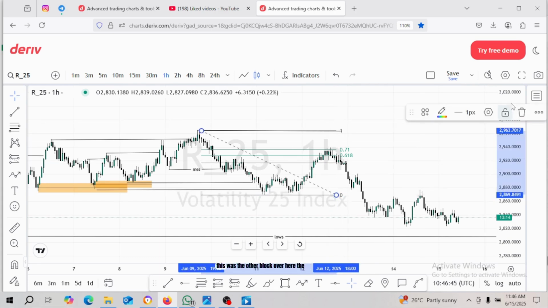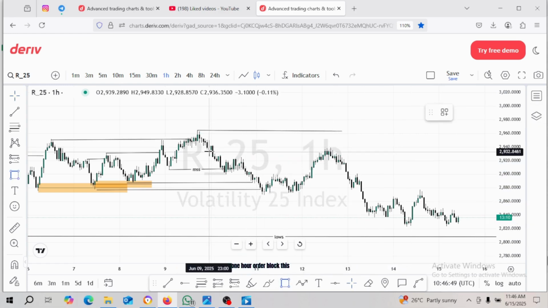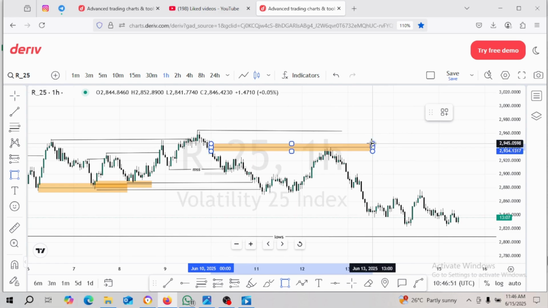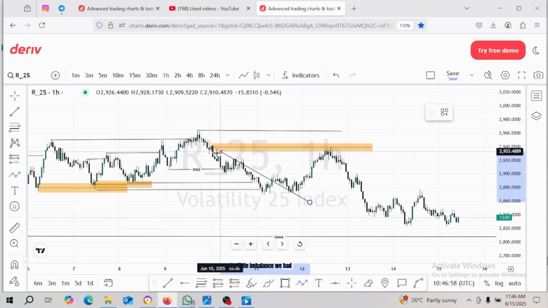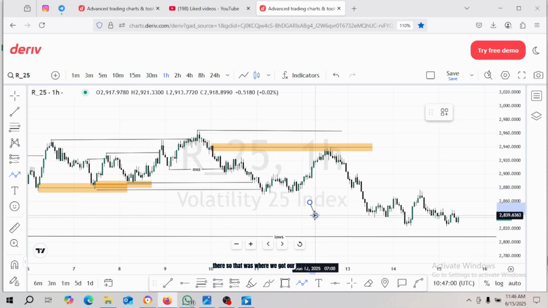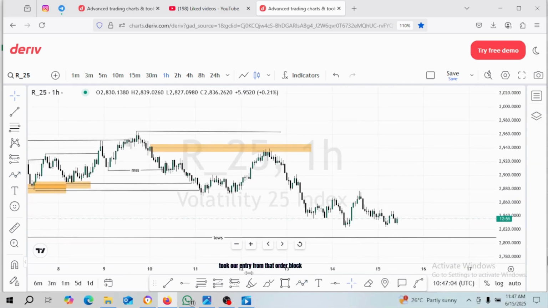Sorry about this, guys. This was the 1 hour order block, and this was the little imbalance we had there. So that was where we got our entry from. We took our entry from that order block.